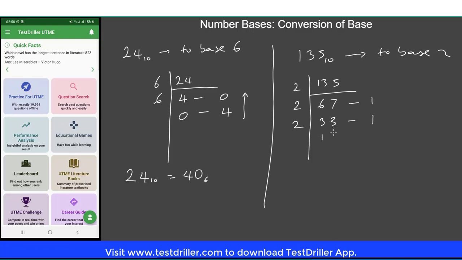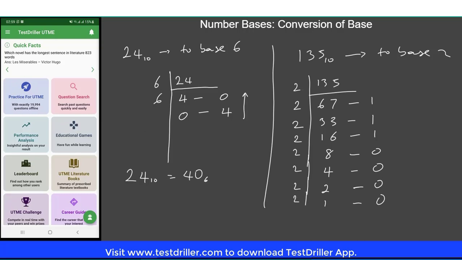So 2 in 13 will give you 6, and the remainder here is 1. 2 in 16 is 8, and there's no remainder. 2 in 8 is 4, with no remainder. 2 in 4 will give you 2, with no remainder. Then 2 divided by 2 will give you 1, remainder 0.